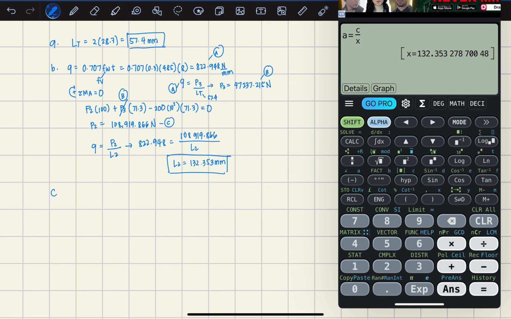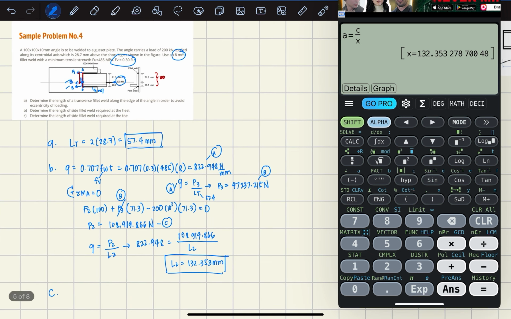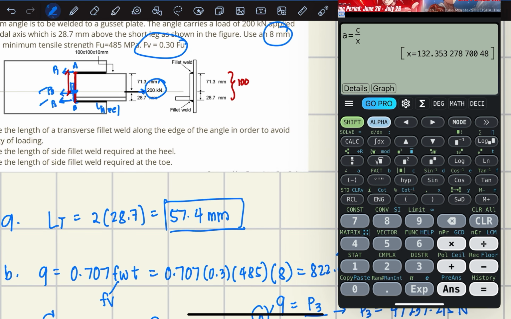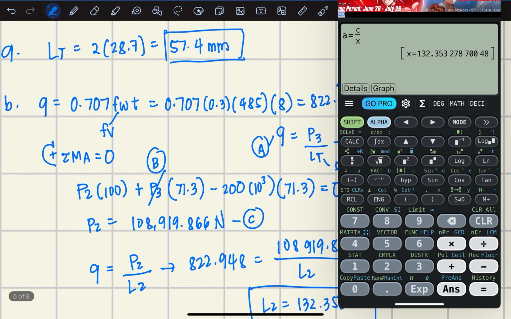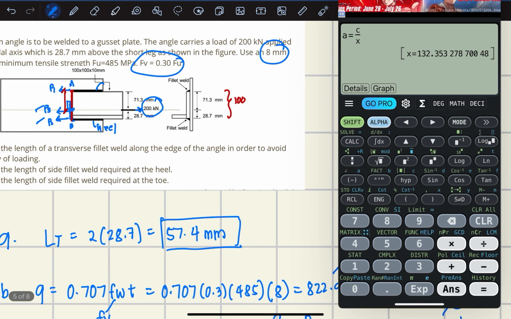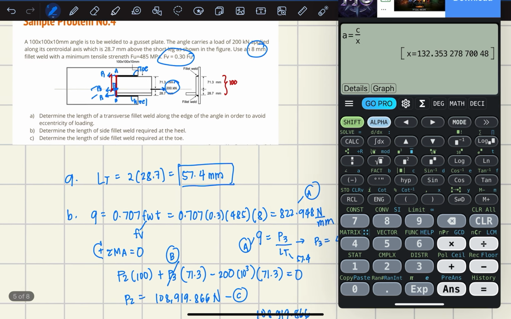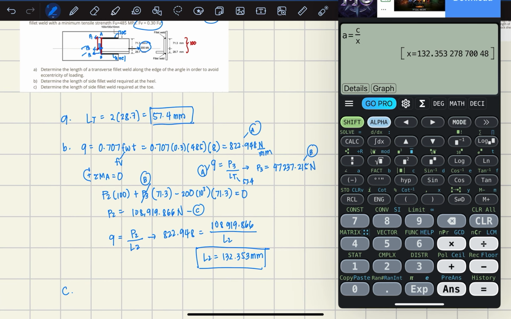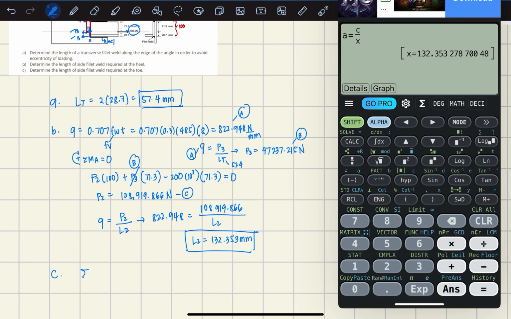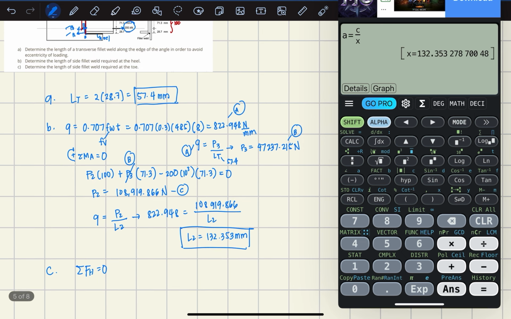Next, letter C. Determine the length of side fillet weld required at the toe. Now, what we need is the toe, the fillet weld at the toe. To solve this, we also need to find P1. So, let's do summation of forces horizontal equal to 0.